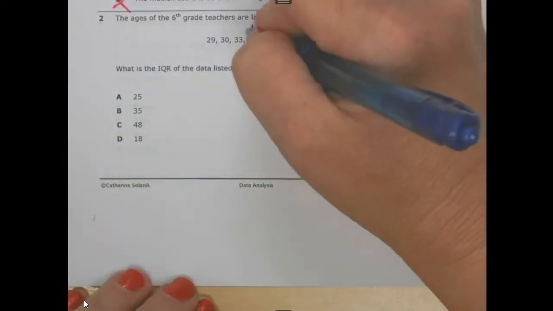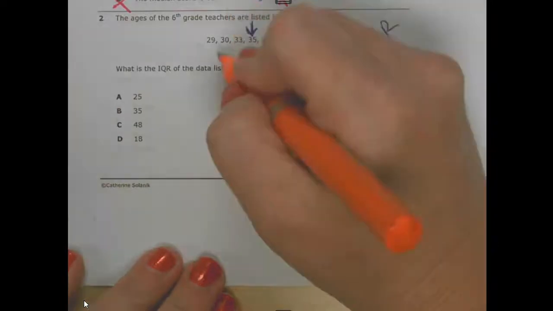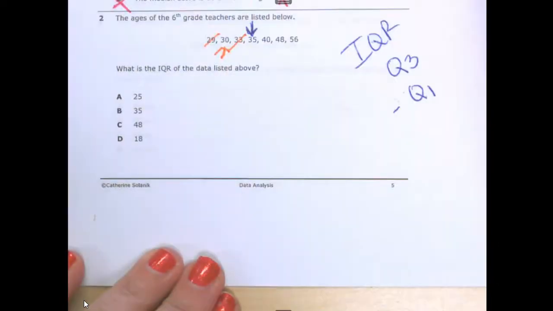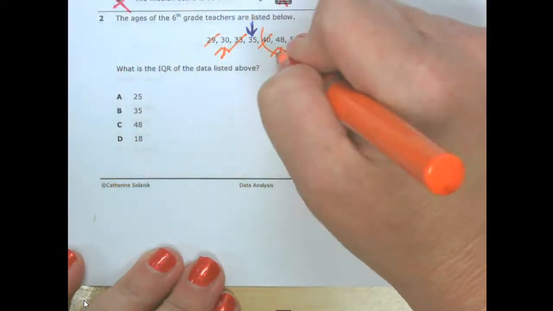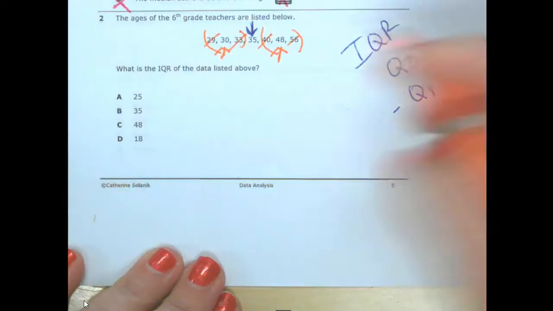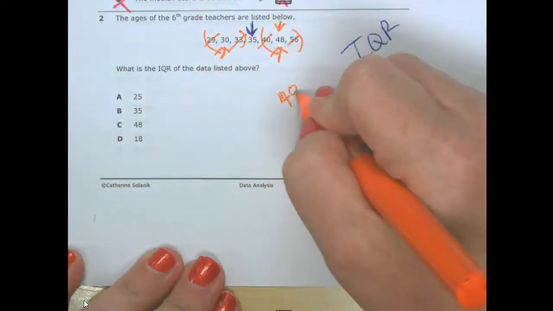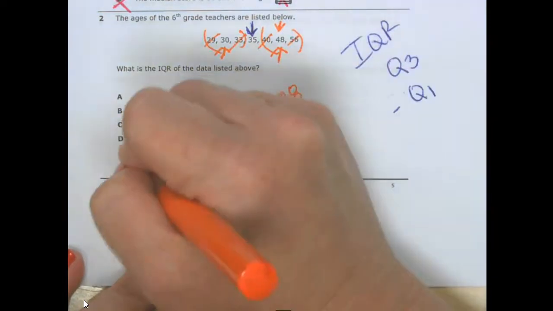Here is my median. Q1 is the median of the lower half, which is 30. Crossed off, crossed off. My median of this half is 48. So 48 minus 30 is 18.